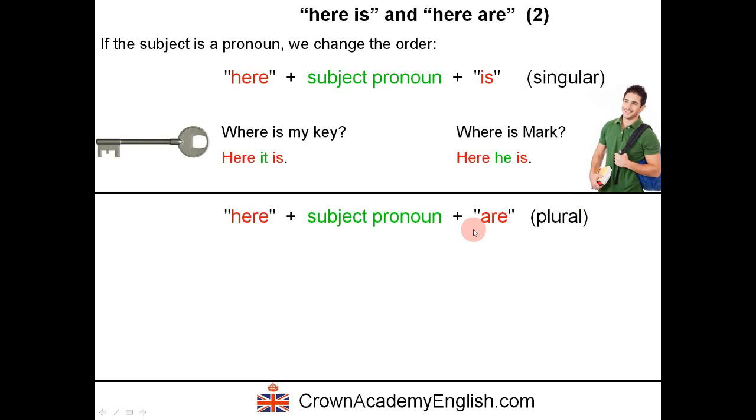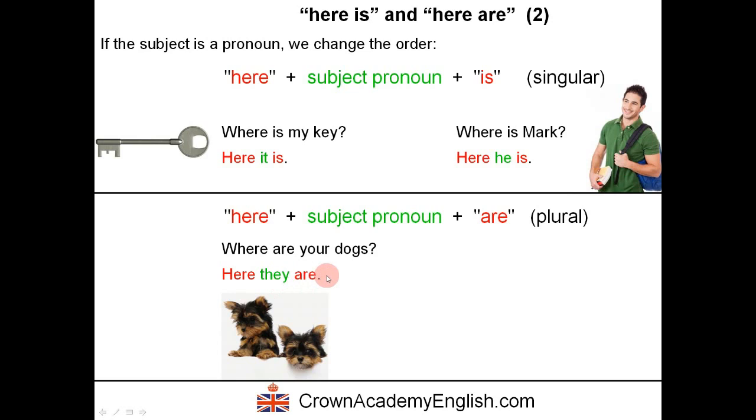And the plural form, here followed by subject pronoun followed by are. Where are your dogs? Here they are. So we have here are followed by they.